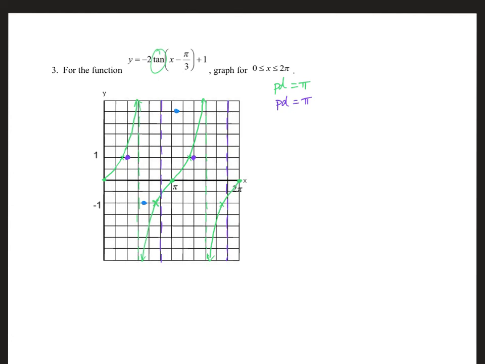I want you to notice the relationship between the middle of your curve, this X or purple point, and your 1. Because those points have to always be equidistant apart. Because my tan curve, that wavy thing, is symmetrical.